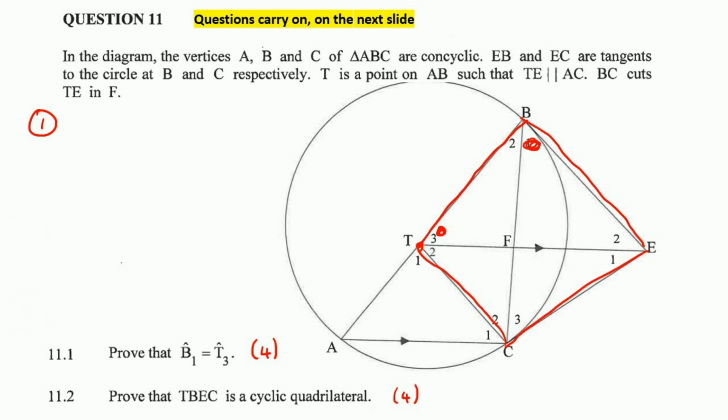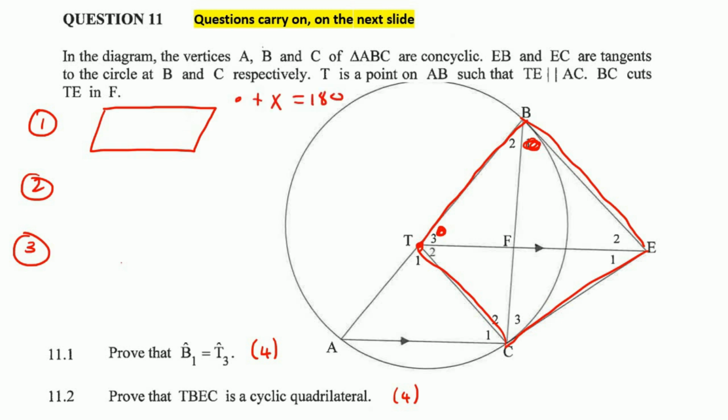The first one, the most basic, is if the opposite angles add up to 180. So if A plus B equals 180, then it's a cyclic quad. Next one, if the exterior angle is the same as the interior opposite angle, so if they are equal to each other, then it's a cyclic quad.